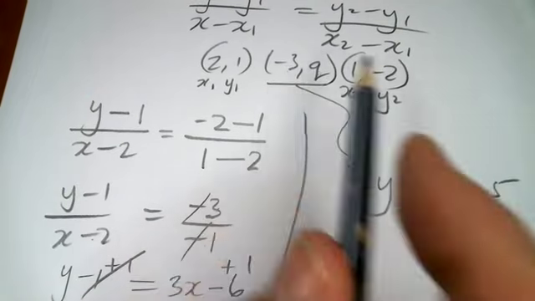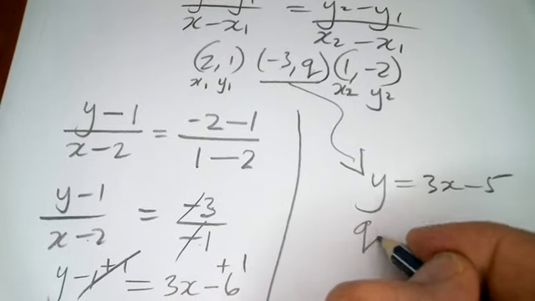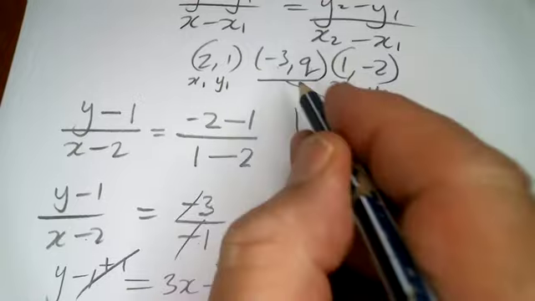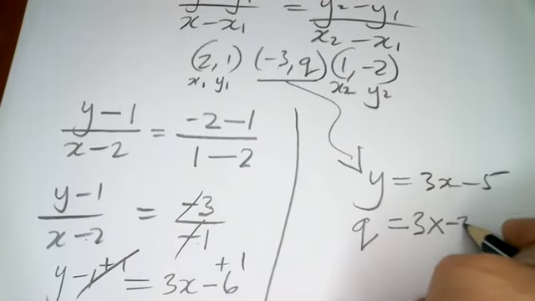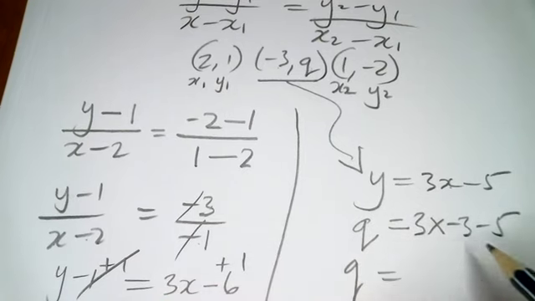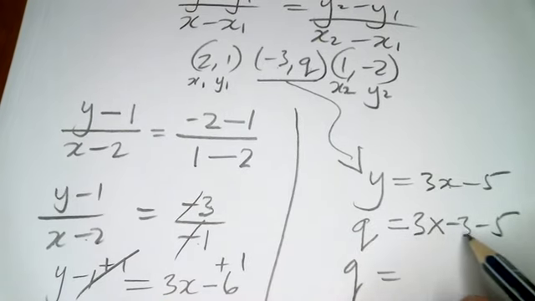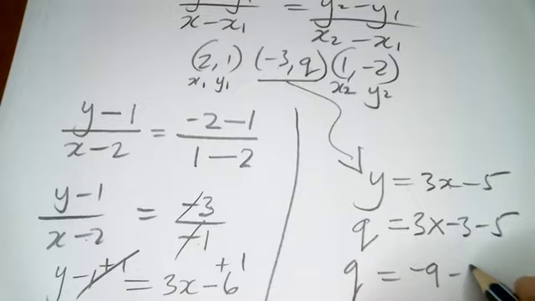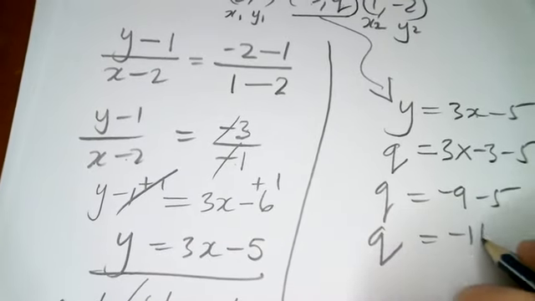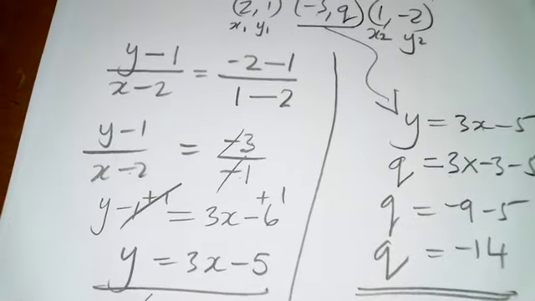But I've got an x value, so I'm going to restate that as q equals 3 times, well, what's x? x is negative 3, minus 5. So I've got q is equal to, well, 3 times negative 3 is negative 9, minus 5, so q is going to equal negative 14. And there's my solution.